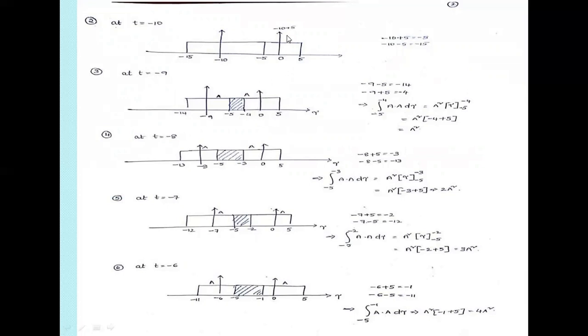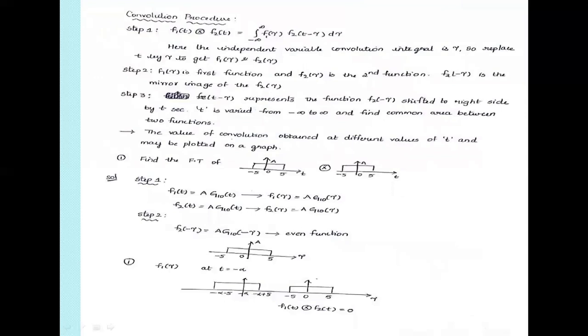See, there is no change in f1 of tau. The change occurs only in the f2 of t minus tau function. One you can keep because both are the same, minus 5 to 5.